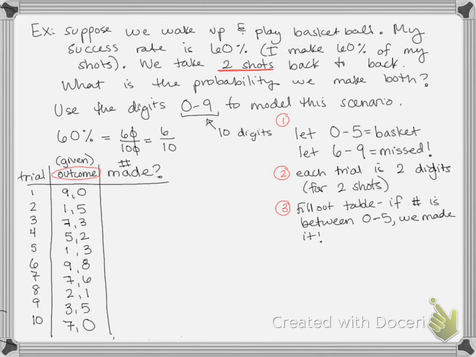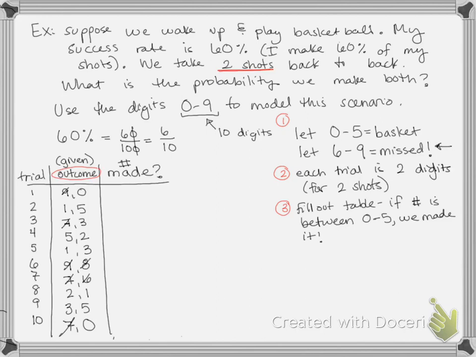So now I'm going to go through the table and I'm going to figure out how many times we successfully made these shots. So to me, it's actually easiest if I cross out the numbers that mean I missed. So if I go back up here, 6 through 9 means we missed. So every time I see a 6 through 9, I'm going to cross it out in my table. So that's a 9, 7, 9 and 8, 7 and 6, and a 7 right there.